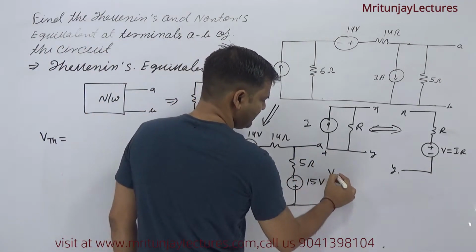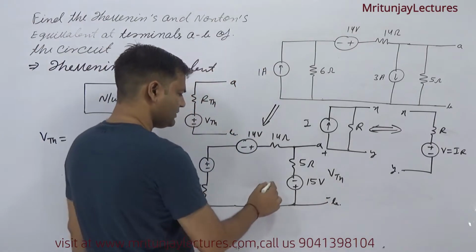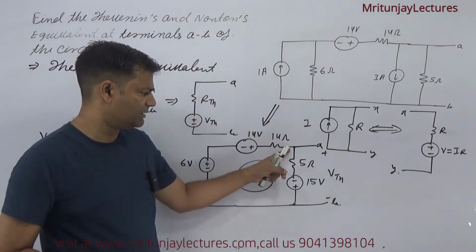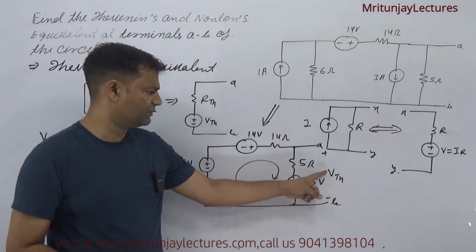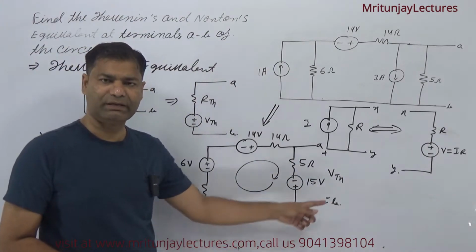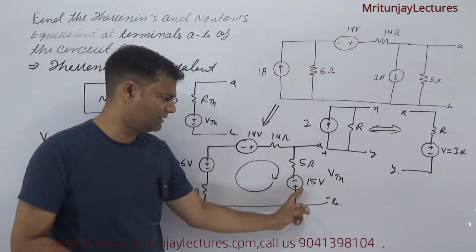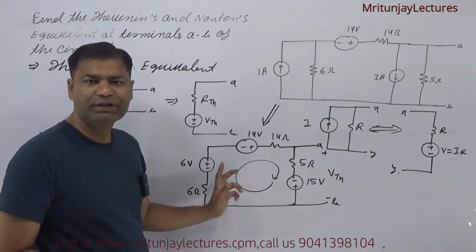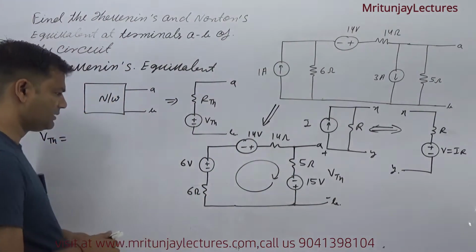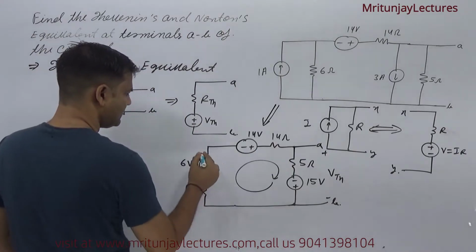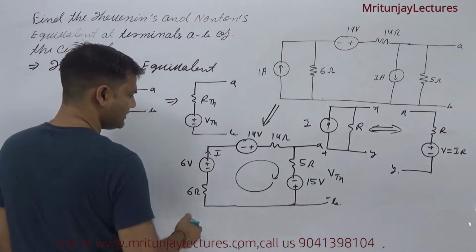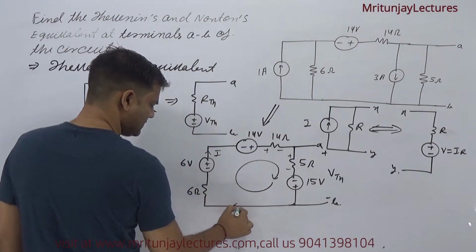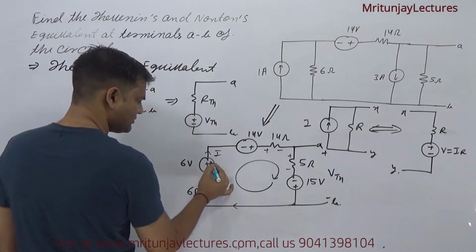Now our motto is to determine the voltage VTH, meaning across AB. So first of all, apply KVL in this loop, determine the current in this circuit, and after that move here and apply KVL another way, and we get VTH. Suppose a current I flows in this direction, so positive negative, minus to plus.